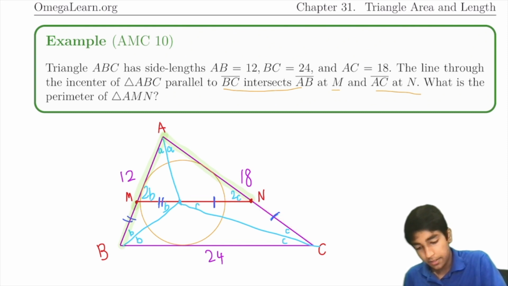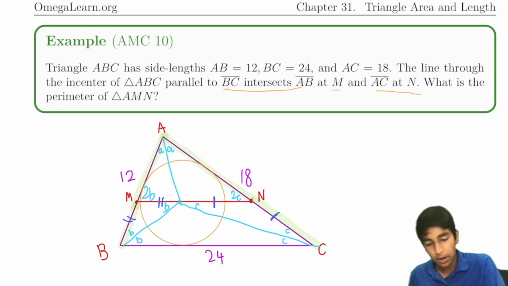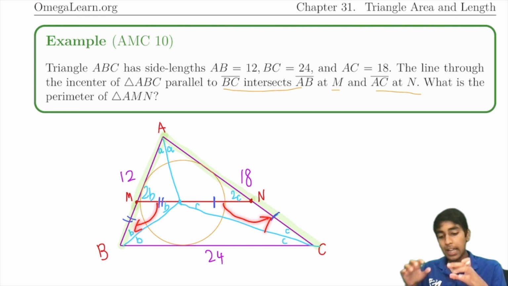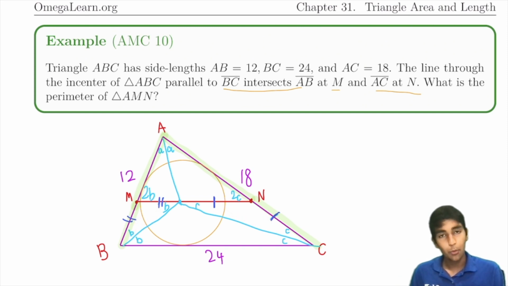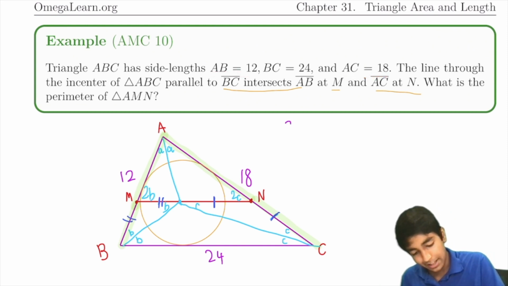We can just write this length here instead of this length here. So now instead of AM plus MN plus NA, we move some parts around. We move this part here and this part here. We just get AB plus AC, which is equivalent to the perimeter. And AB plus AC is just 30, our answer.